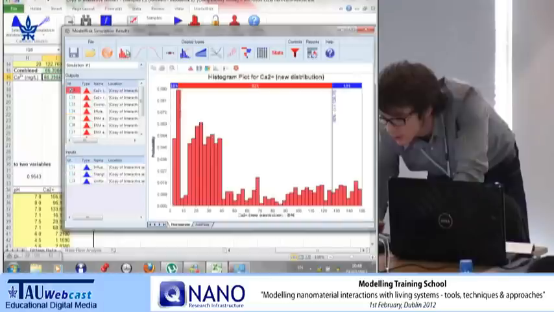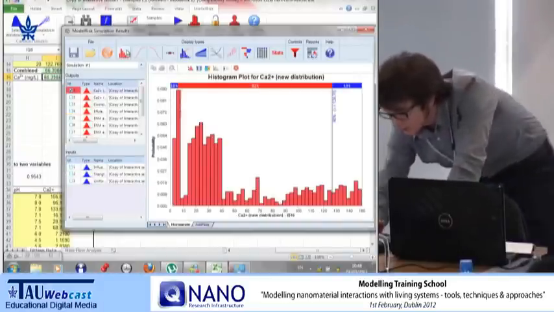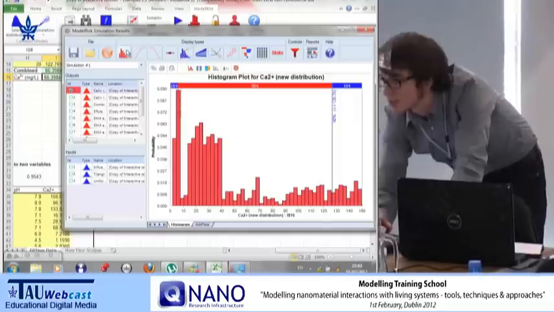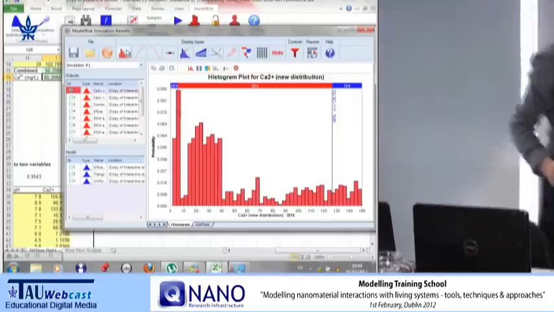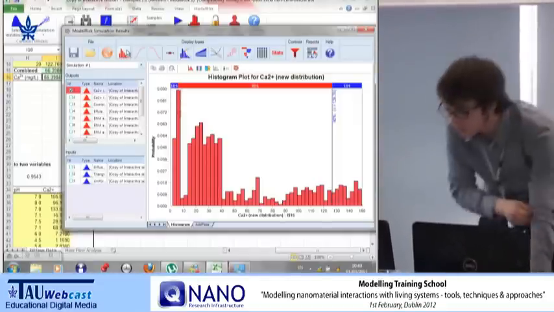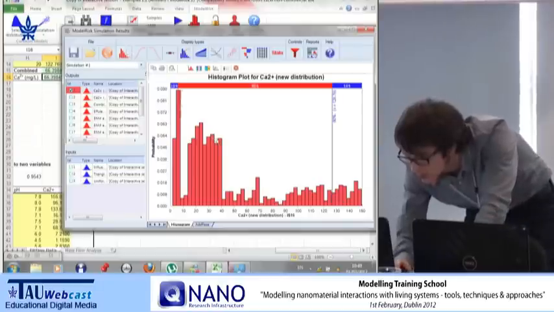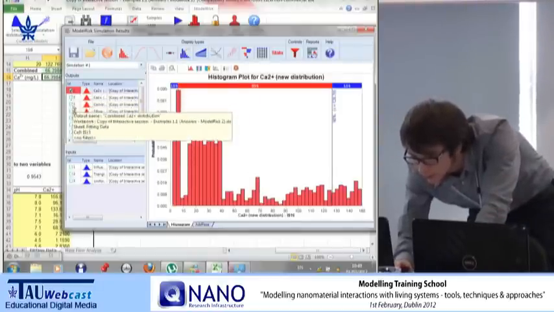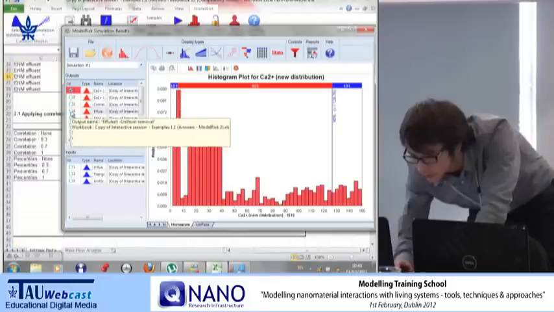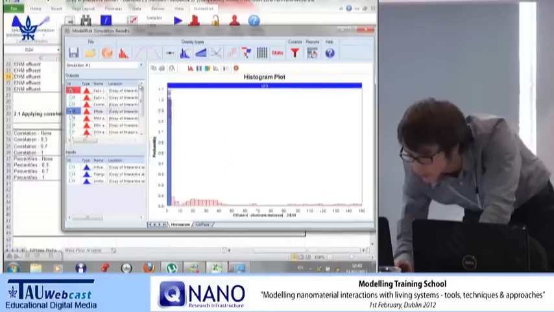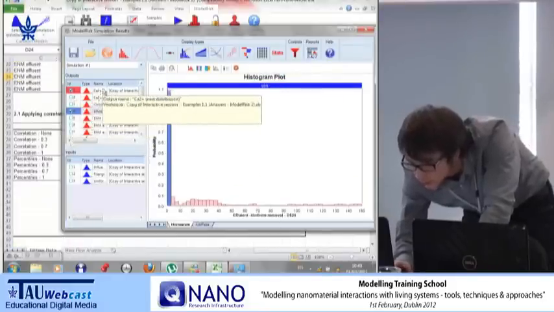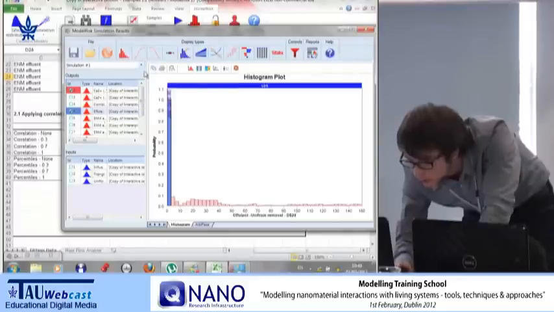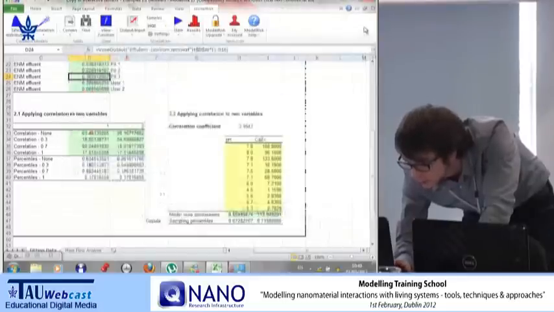We're going to look at a histogram of that. With a uniform distribution, you get a very strange distribution because it's sampling equally from right across.